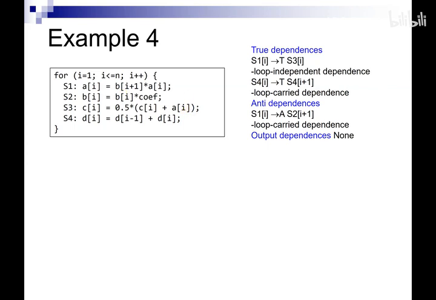You do have a loop carried dependence within this statement over here, on the D. And then you have an anti-dependence, and that is S1 to S2. Here you read the B, and then here you write the B. So there's an anti-dependence over here, and this is also a loop carried dependence.